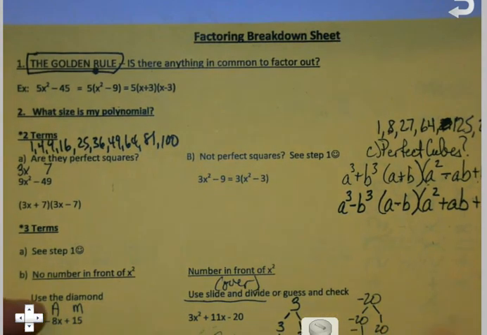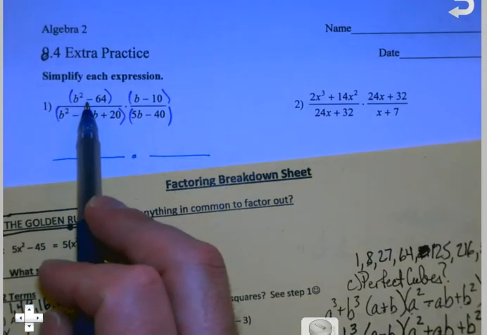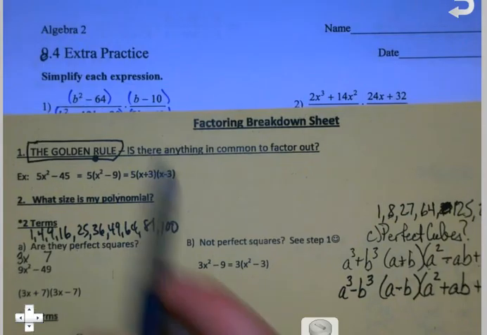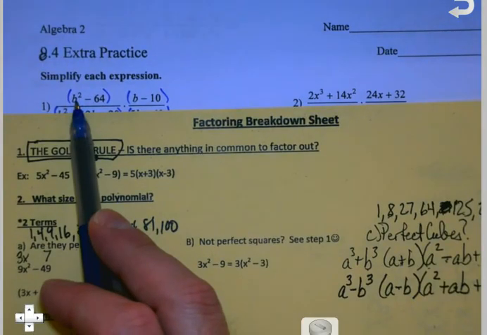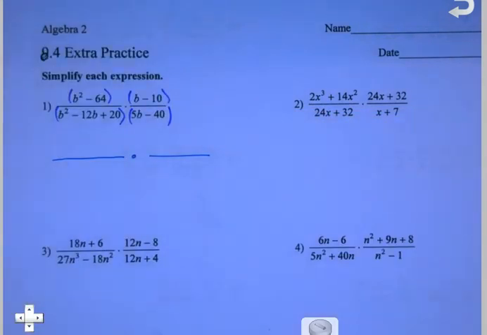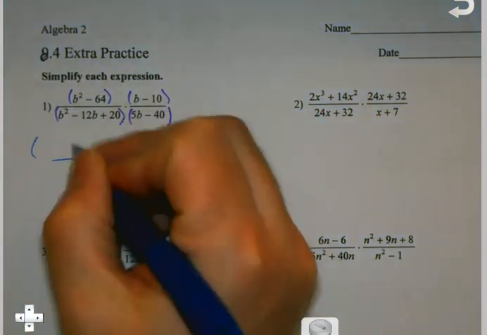Let's see here. Two terms? Yes. Are they perfect squares? Let's see. Can I multiply something to get b squared? Yeah. Oh, 64. 64 is in my list. Excuse me. So, that is a difference of squares.